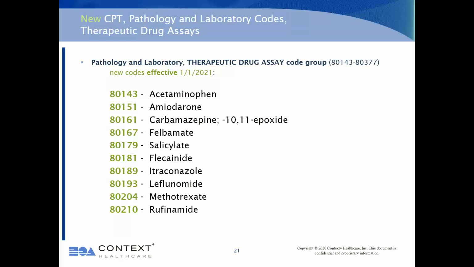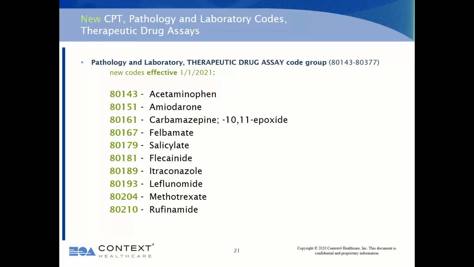There are 10 new therapeutic drug assay codes starting in January 2021. This section is organized alphabetically, so 80143, acetaminophen, will now be the first drug in this section. These tests yield quantitative results that are performed to monitor clinical response to a known, prescribed, or over-the-counter medication.